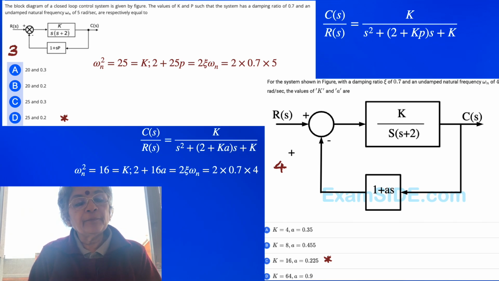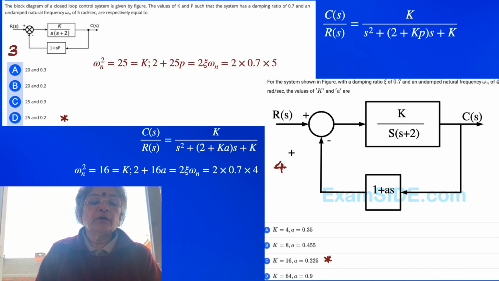And then 2 eta omega n is the same as the coefficient of s, which is equal to 2 plus kp, where k is equal to 25, and that can be equated to 2 into 0.7 into 5. So both the values can be obtained very easily by a simple understanding of the closed loop transfer function given by Cs by Rs in this case, which is equal to Gs divided by 1 plus GsHs.